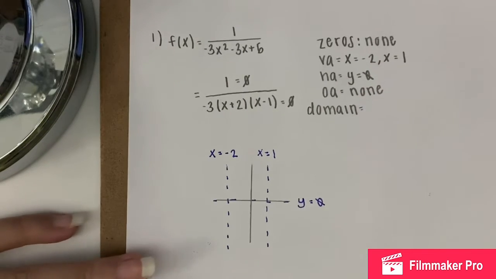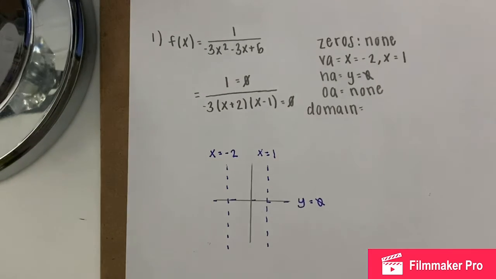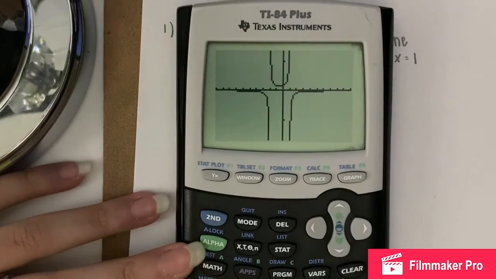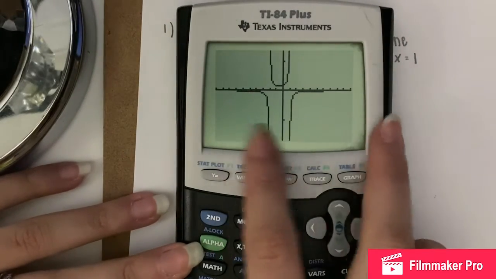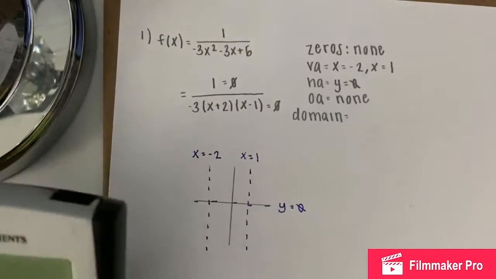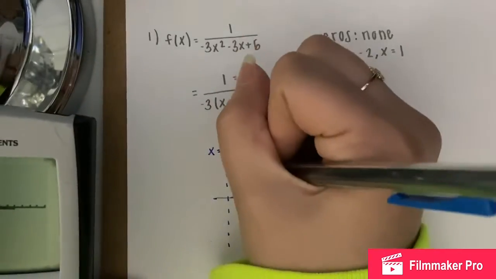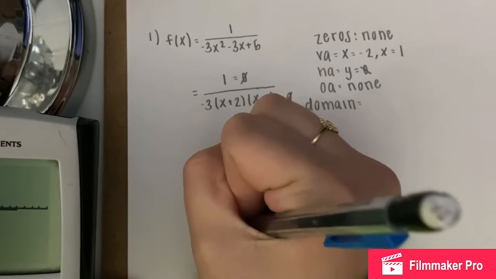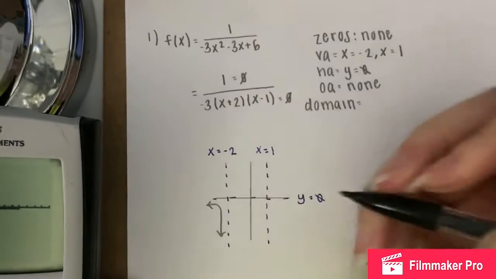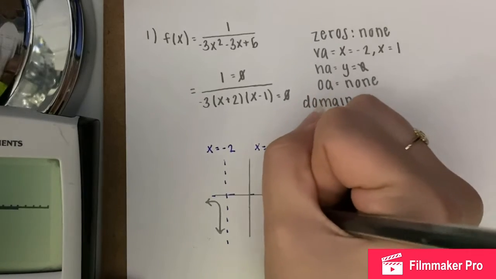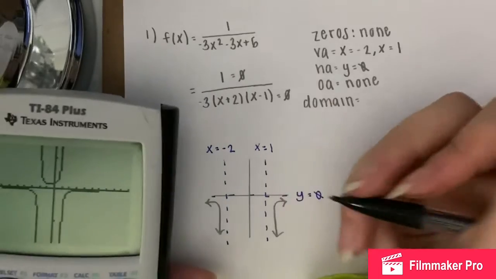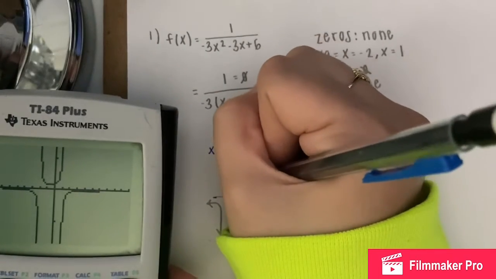So now once we plug it into the graph like so, and we graph it, we can see that this is what our graph should look like. So we're just going to draw this out really quick. So we know we have one going like this, never passing the asymptote lines, and one right here, and then the one in the middle.